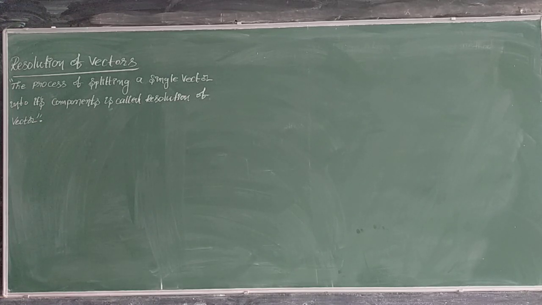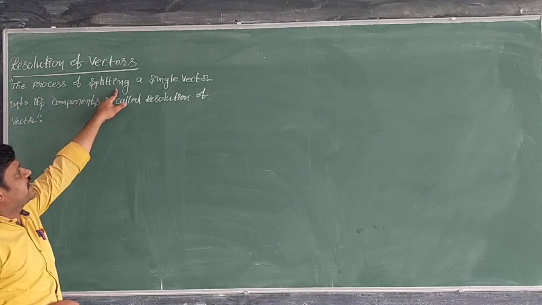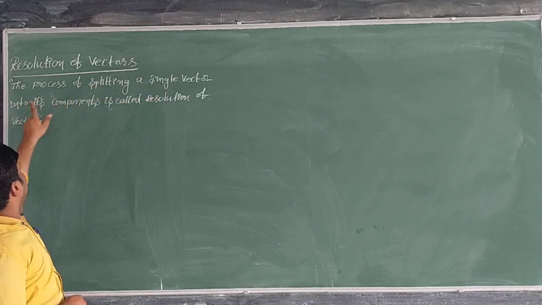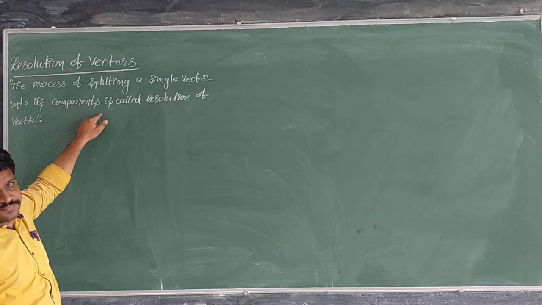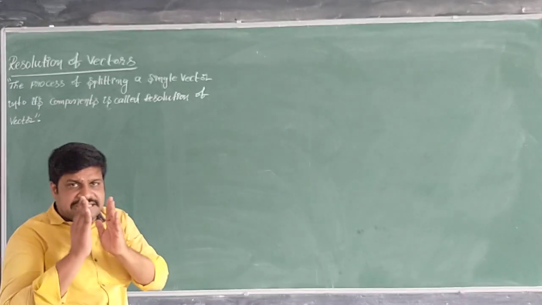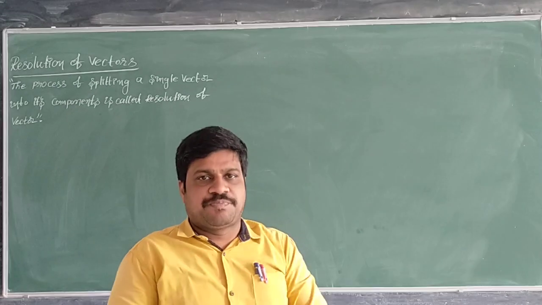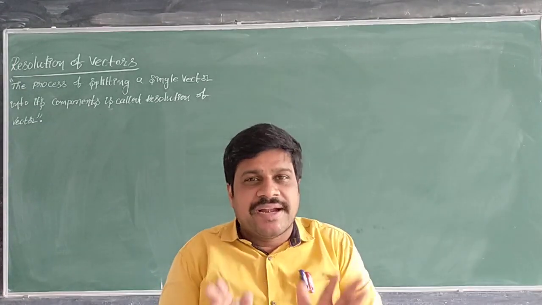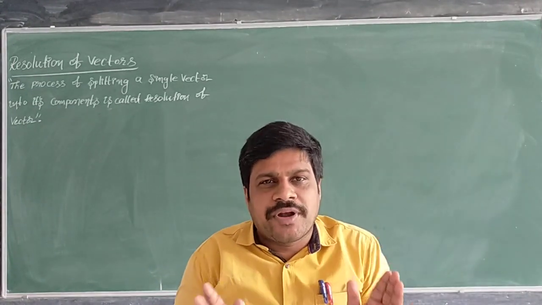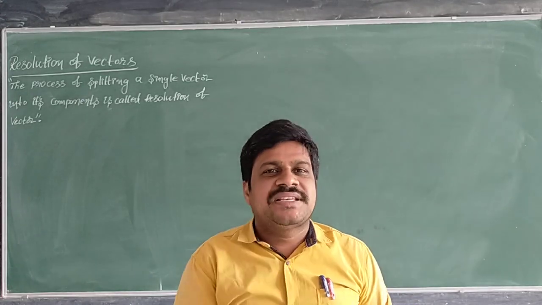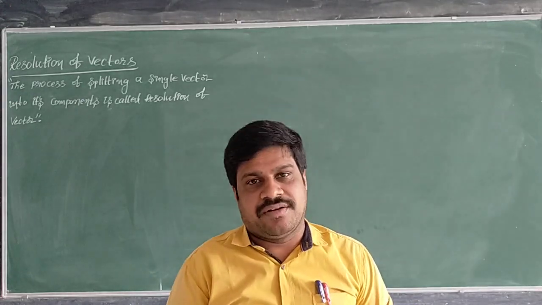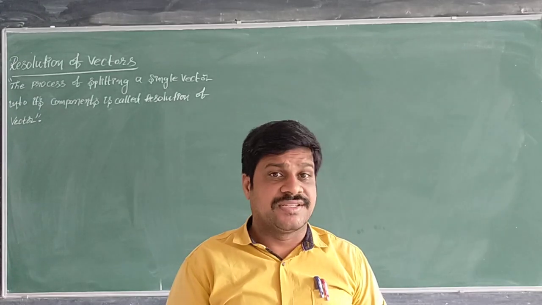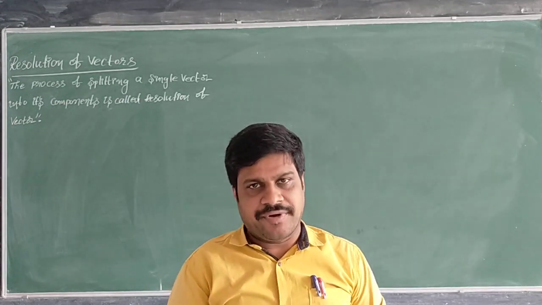Look here, resolution of vectors. Sir, what is the concept of resolution of vectors? It means the process of splitting a single vector into its components. That means if a single vector is split, divided into its components, that process is said to be resolution of vectors, resolving a given vector.